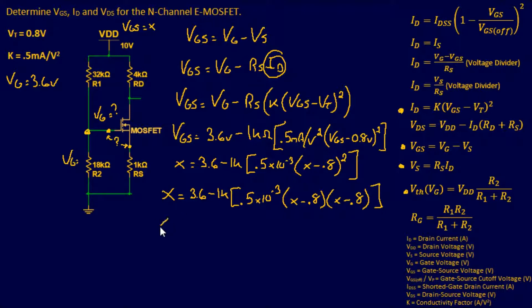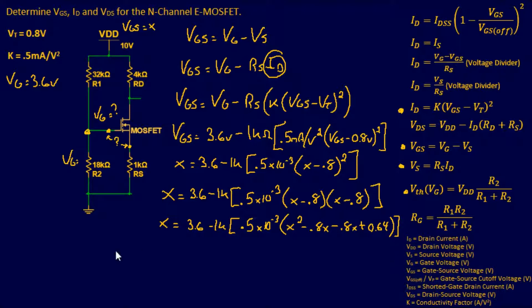Working this down, X equals 3.6 minus 1K, bracket 0.5, 10 to the negative 3, and this is where I'm going to say X squared, and then X times negative 0.8, which is negative 0.8X, and then negative 0.8 times X, which is negative 0.8X, and then 0.8 times a negative 0.8 is going to give you a positive 0.64.